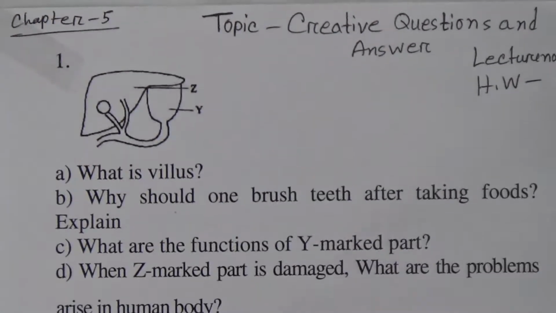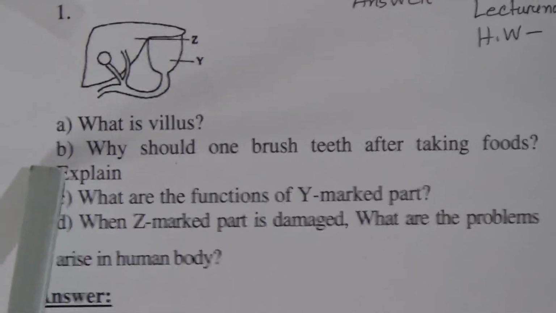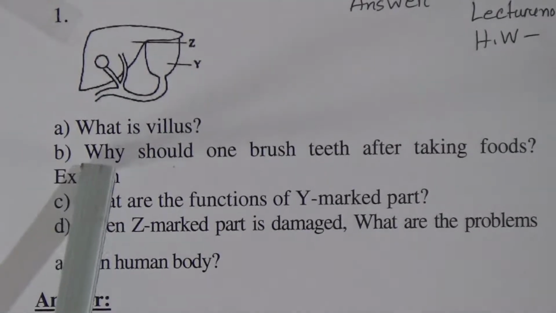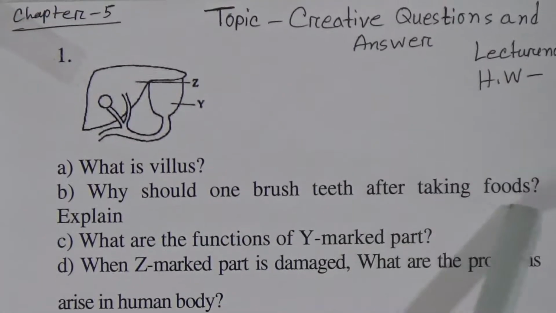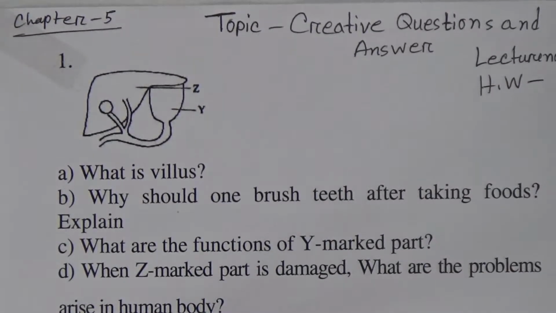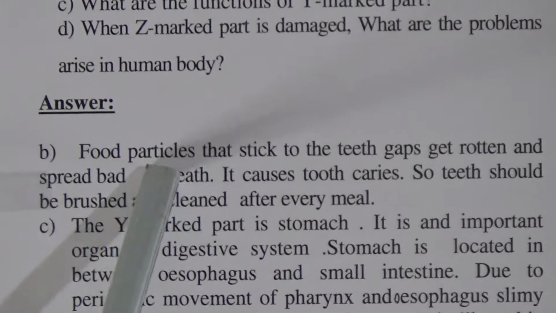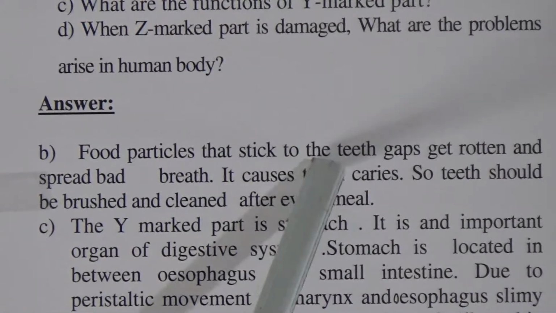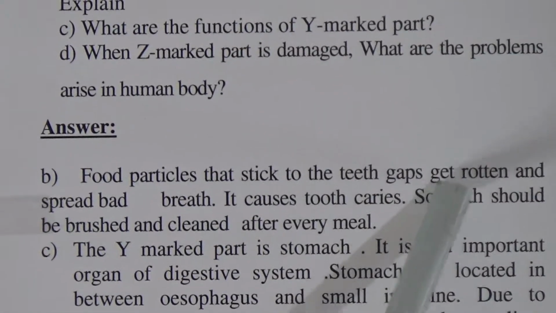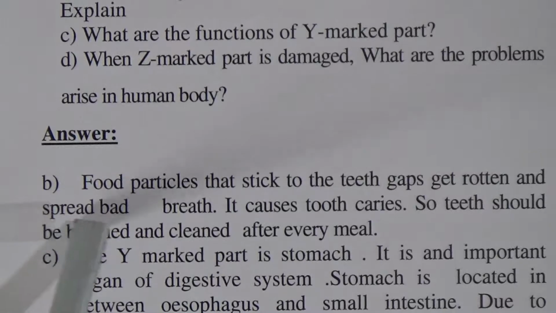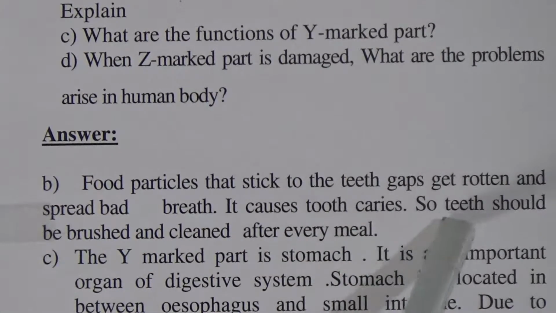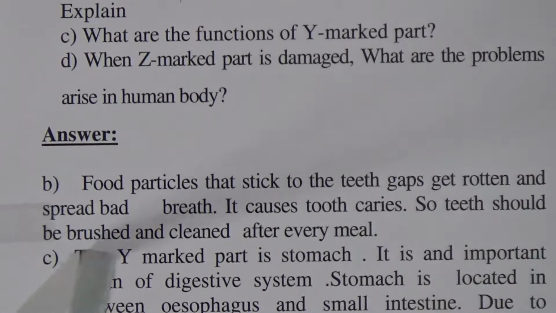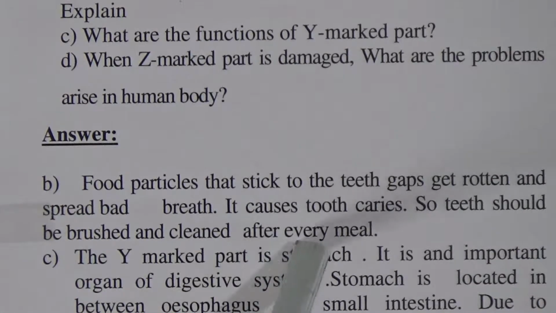They are called villi. And here is the B number question: why should one brush teeth after taking foods? Explain. The answer will be, food particles that stick to the teeth caps get rotten and spread bad breath. It causes tooth caries, so teeth should be brushed and cleaned after every meal.